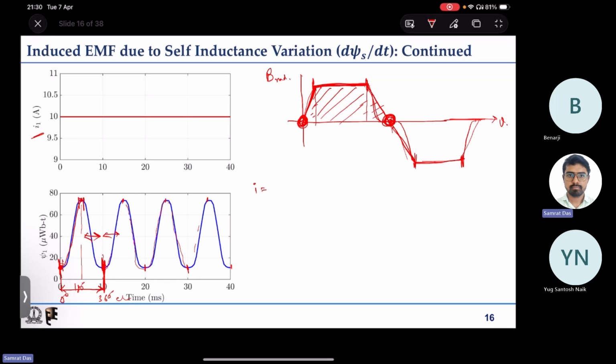Now as the rotor rotates, say it comes to 90 degree and 270 degree. For this case you have to take the integration from 90 degree to 270 degree, and calculate the area enclosed. Whatever is the area enclosed on the positive side, the same is the area enclosed on the negative side. That is why when the conductors are at 90 degree and 270 degree, it is 0. Now again the rotor rotates by another 90 degree and it comes here.